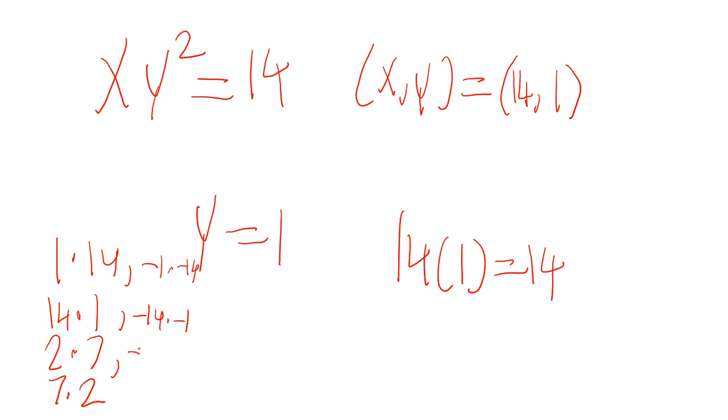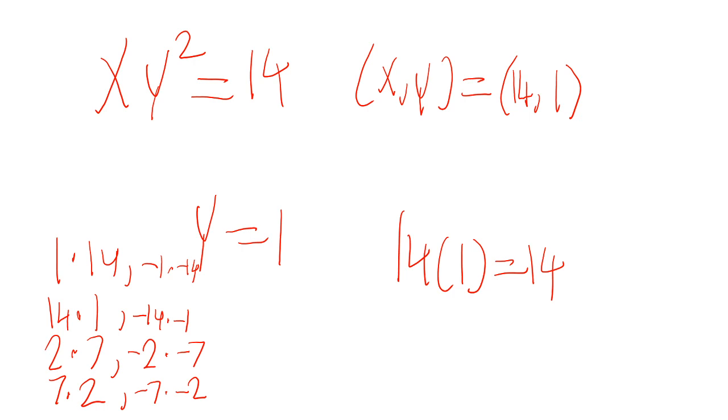You have negative 2 times negative 7, and you have negative 7 times negative 2. So you have over here 8 possible integer solutions. Now I want you to find how many of them satisfy x y squared equals 14.